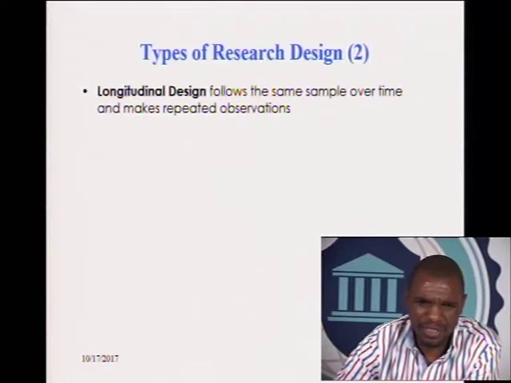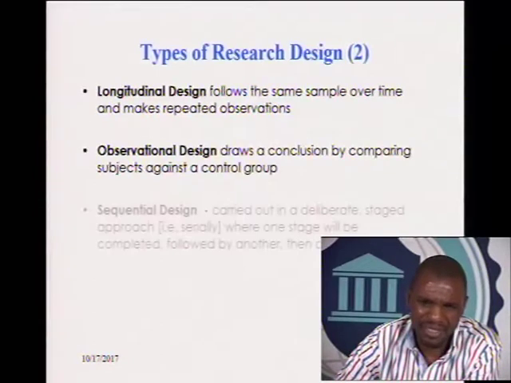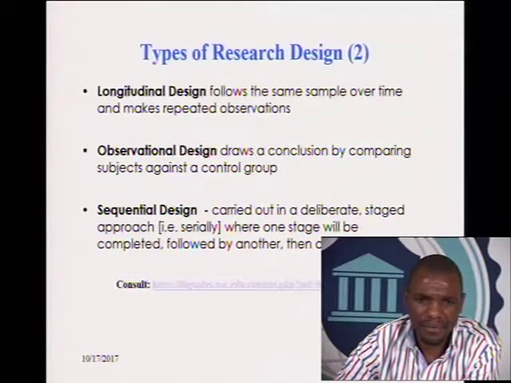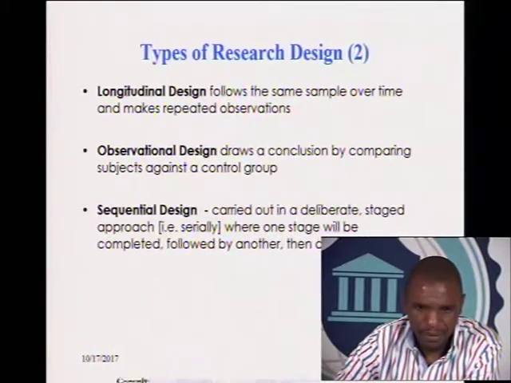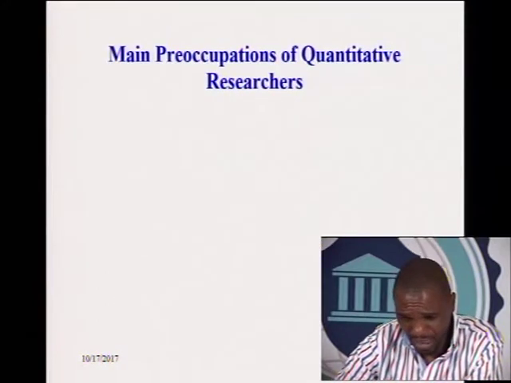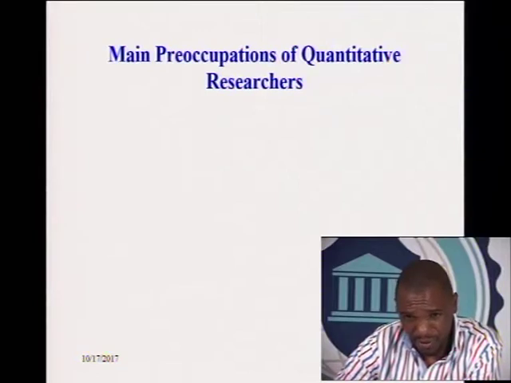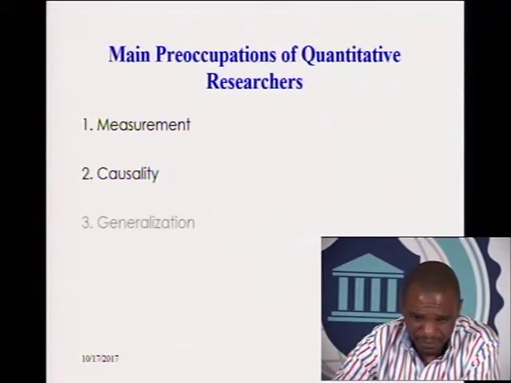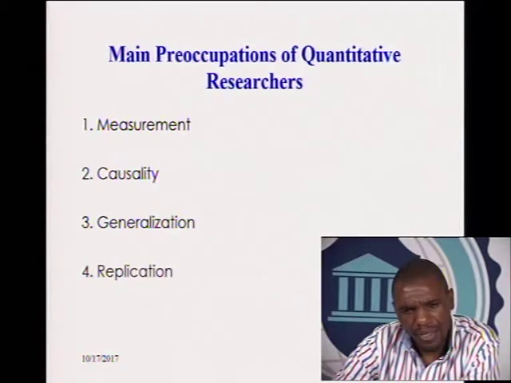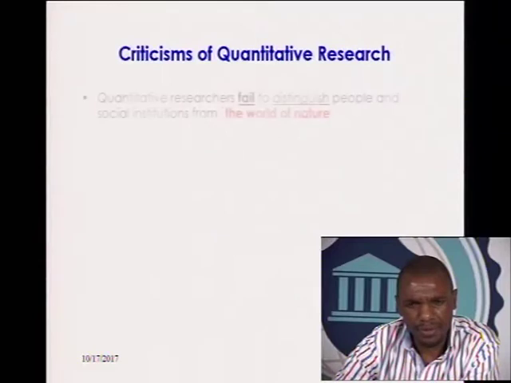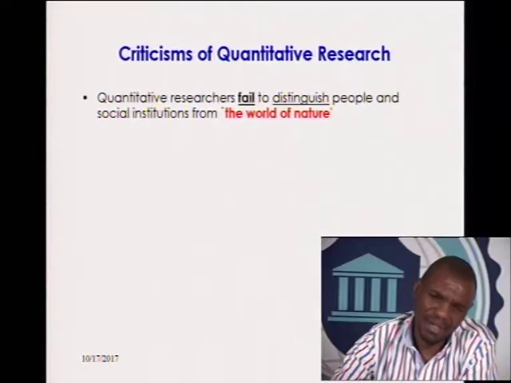We also have longitudinal design, observational design, sequential design. When you talk about research design, there is also what we call quantitative and qualitative research. So here we go. It's about measurement, causality, generalization, replication. And of course, there are also criticisms about research design.